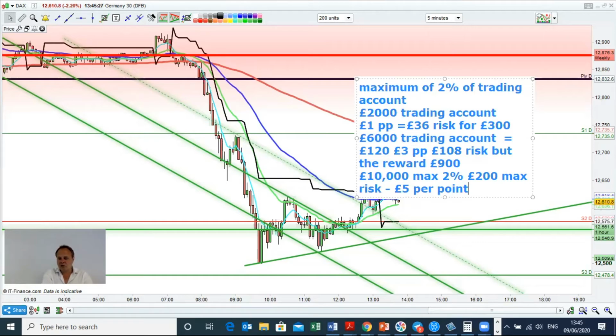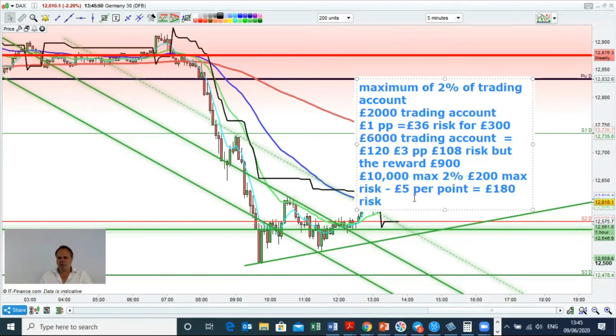So you're risking £200, though, well, not quite. In this case it'd be 5 times 36, so you've got £180 of risk. If you got stopped out, that's what you would lose.